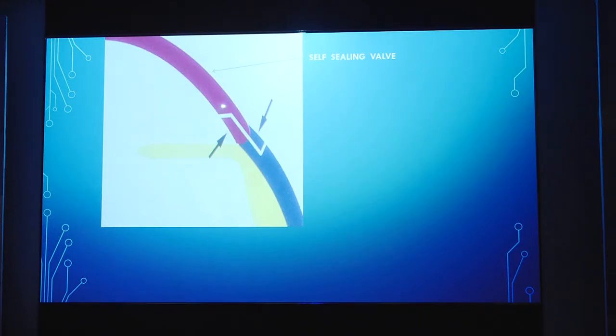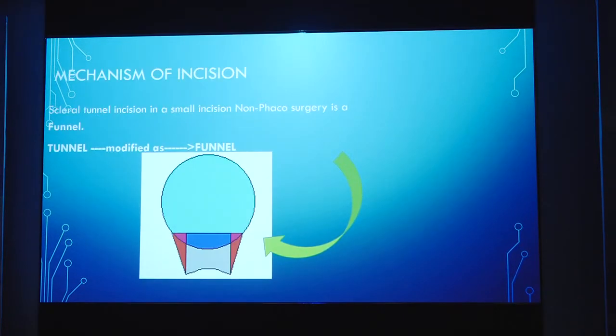After that, you dissect the tunnel into the sclera and also into the stroma of the cornea. This is the second plane, and this is the entry, which is the third plane. It is only because it is a triplanar incision that it will seal properly and create a wall effect. So that is the self-sealing wall.